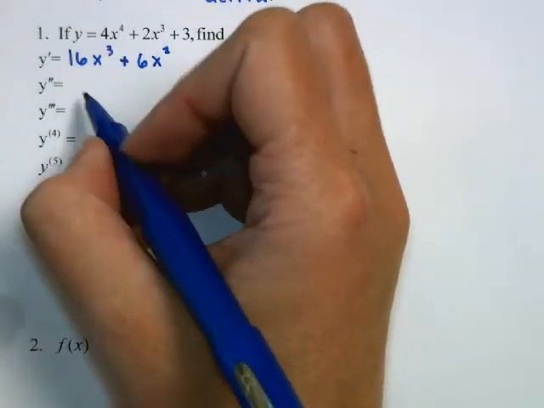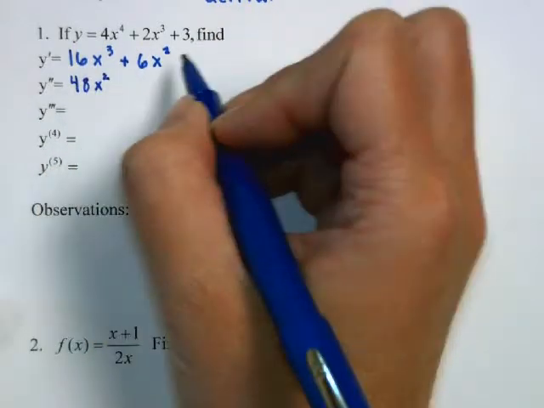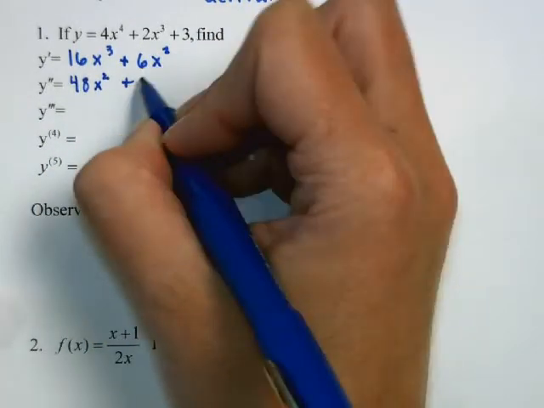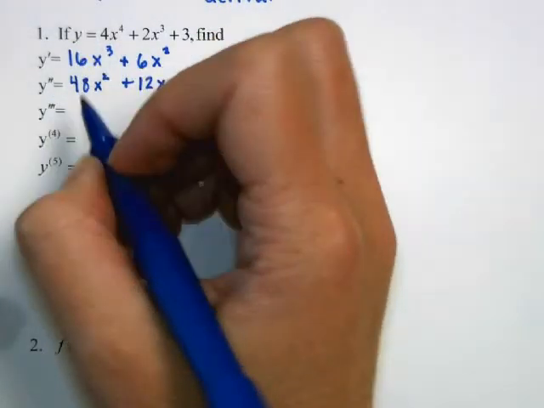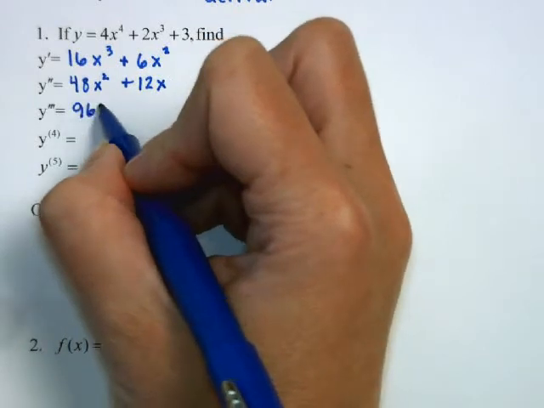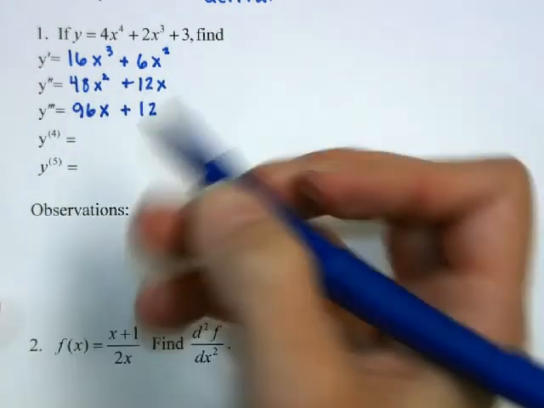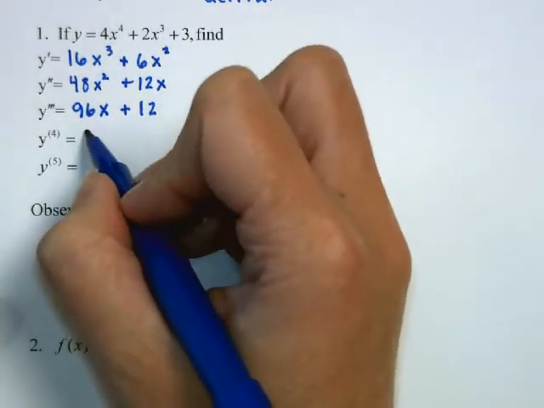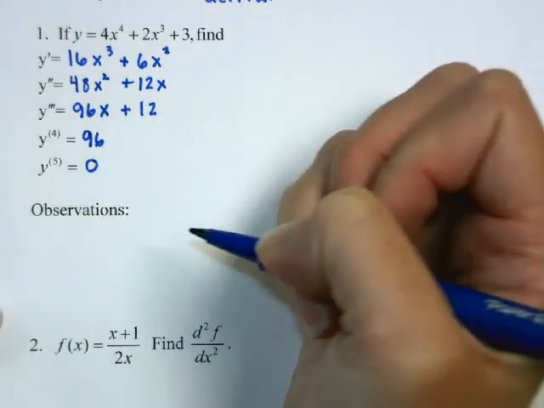Next derivative, we'll multiply 3 and 16 to get 48. 6 times 2 is 12. Next derivative, 48 times 2 is 96x plus 12. Then we're going to have 96, and then we're going to have 0.